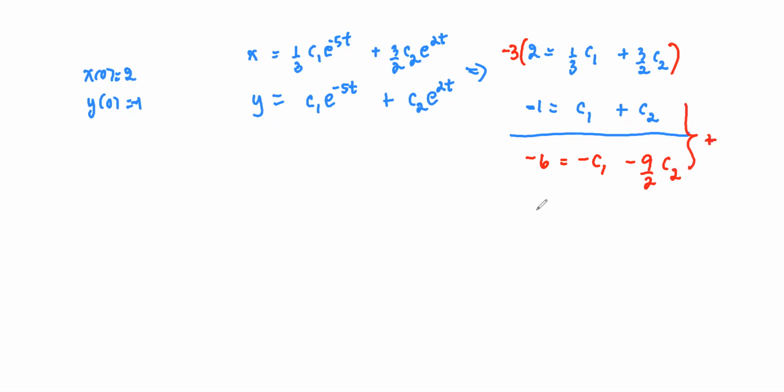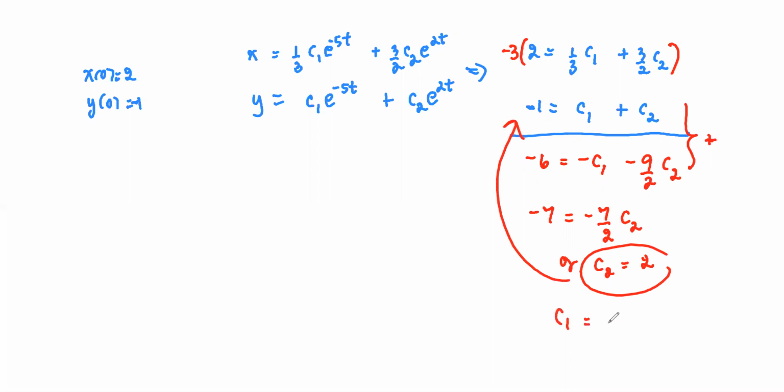Add these two equations to become negative 7 equals negative 7/2 of c2, or c2 equals 2. After we get c2 as 2, we use c2 to find c1.